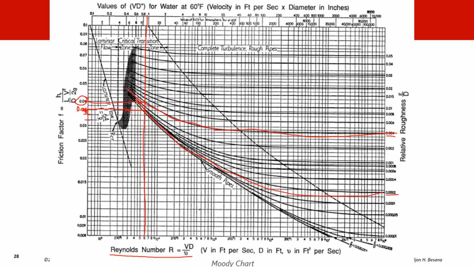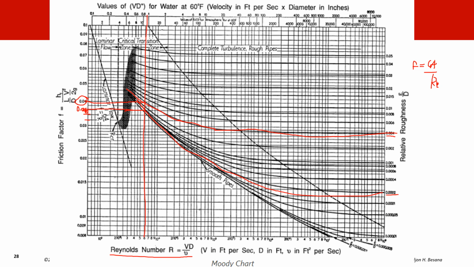So that is how we use this Moody chart in obtaining our friction factor. If laminar, use f is equal to 64 over the Reynolds number. If it is turbulent, then we locate the friction factor using the chart.